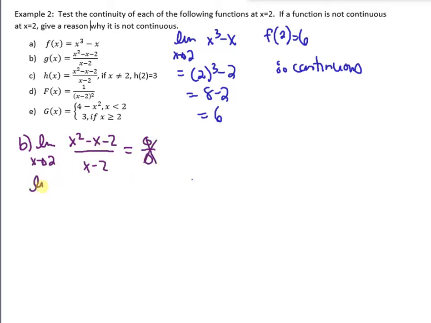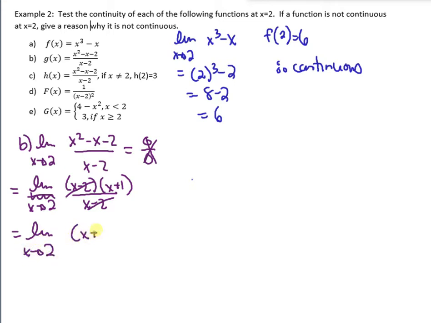So let's factor the top and see what we get. What two numbers multiply to negative 2 and add to negative 1? x minus 2, x plus 1. So we can cancel those out. Therefore, the limit as x approaches 2 of x plus 1 is just 2 plus 1, which is 3.